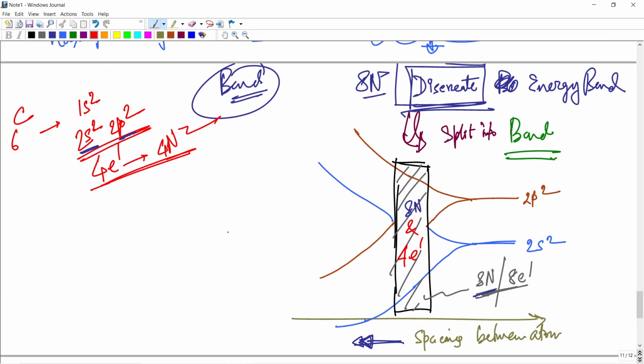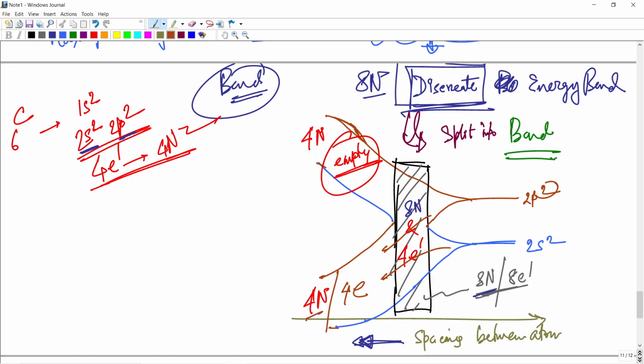At that point, this band here is empty, and this here is a 4n energy state, and here also a 4n energy state. This 4n is occupied by these 2 electrons moving in, and these 2 electrons are here. So here also there are 4n states and 4n electrons.